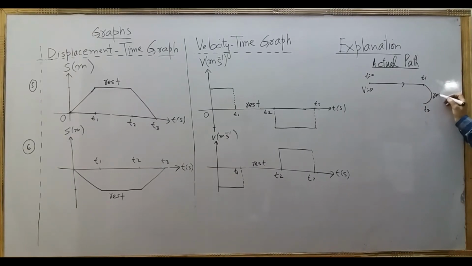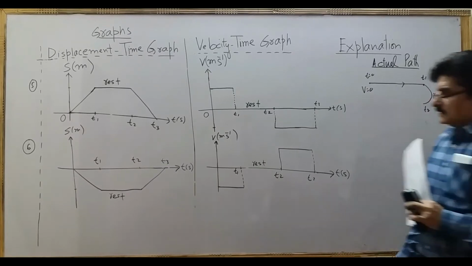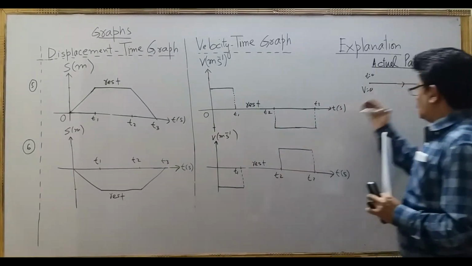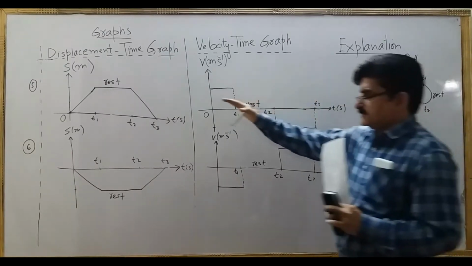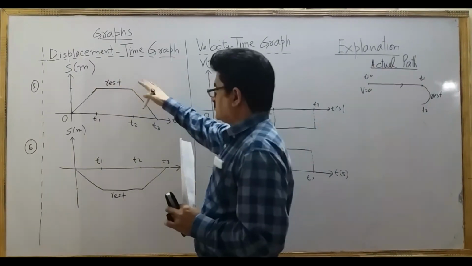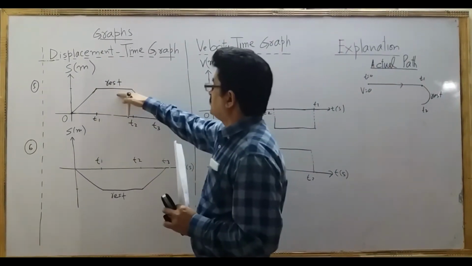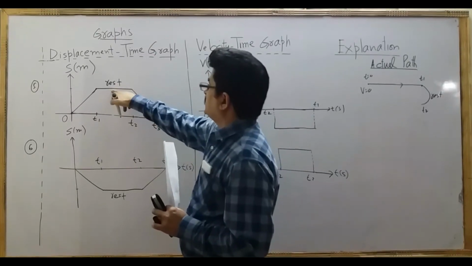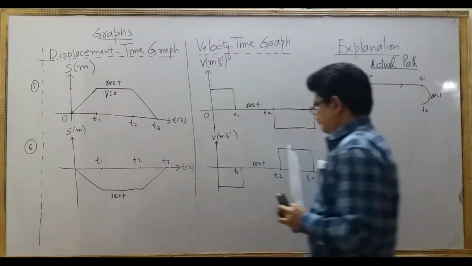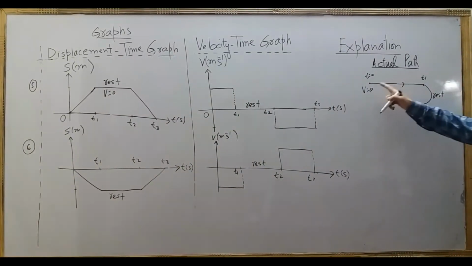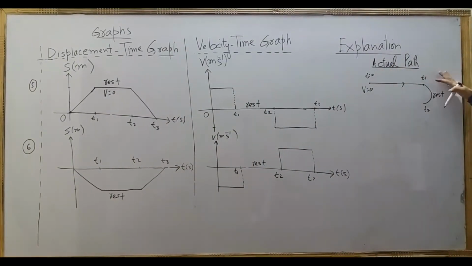Rest means no further displacement is covered, so the graph becomes straight, which also means the gradient is 0. The gradient 0 means velocity is 0. But from the fixed point it has moved some displacement.